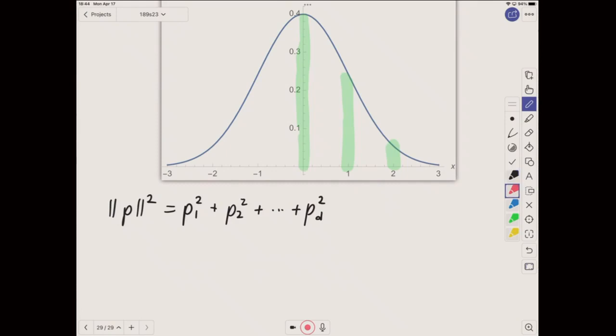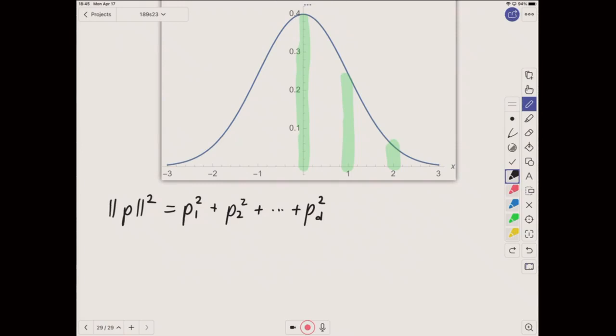And recall that when you have a multivariate normal distribution with the covariance matrix being the identity matrix, that means that you can think of each of these individual components as being chosen from a one-dimensional normal distribution, also with mean 0 and variance 1.